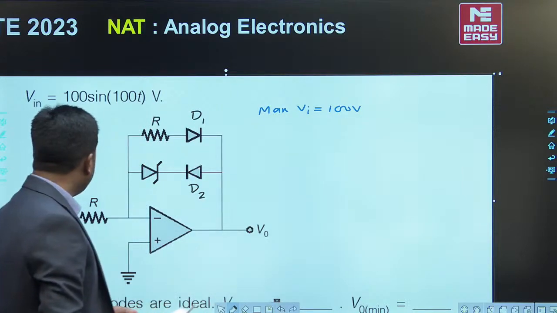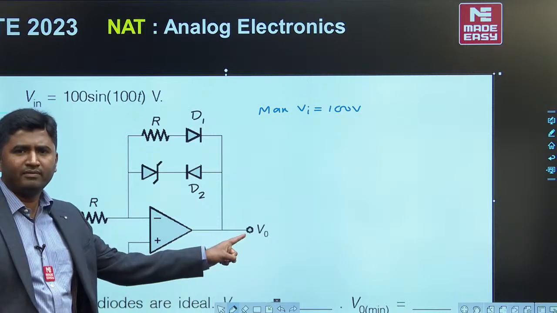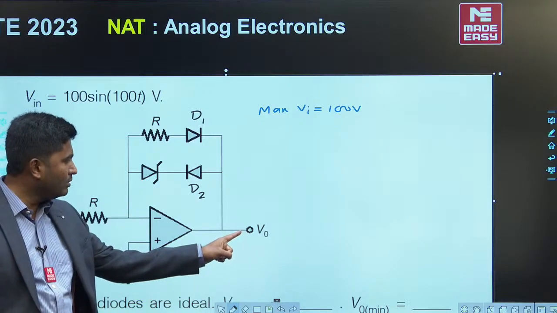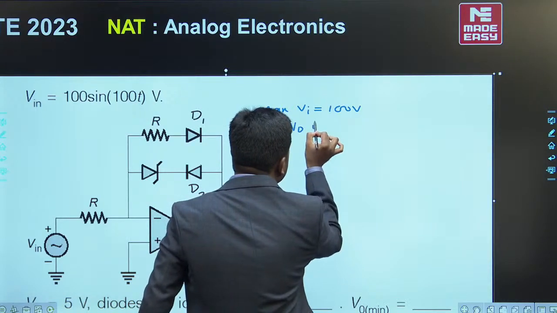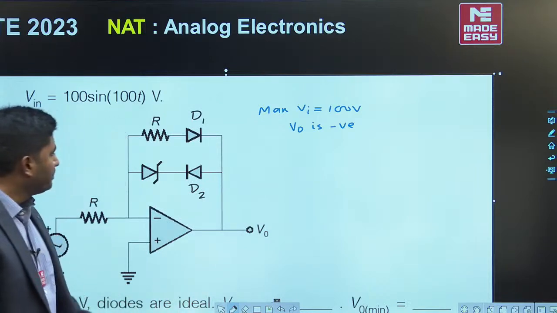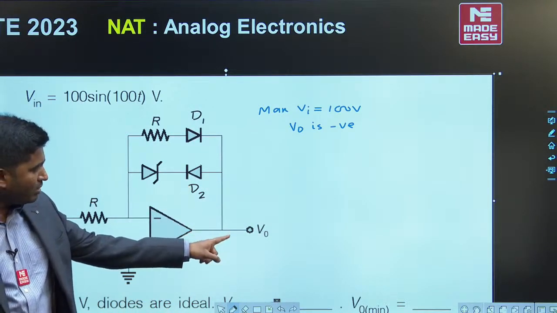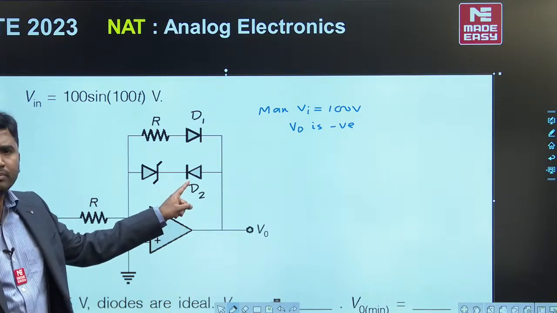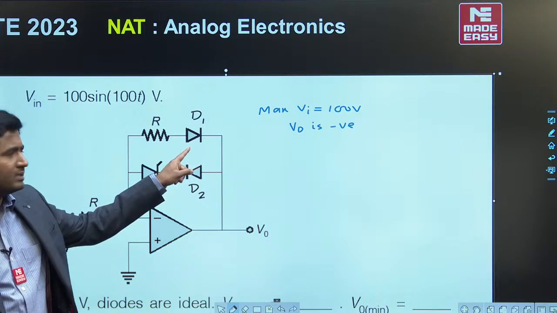Now if input is 100 volt, then definitely V0 has to be a negative value. If V0 is negative, then you can tell by observation that D2 should be in reverse bias and D1 should be in forward bias.